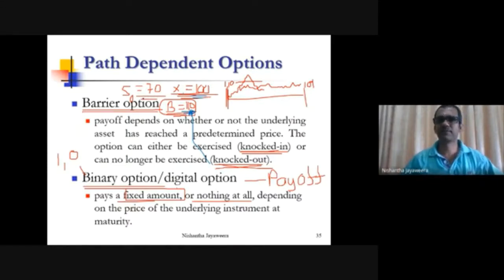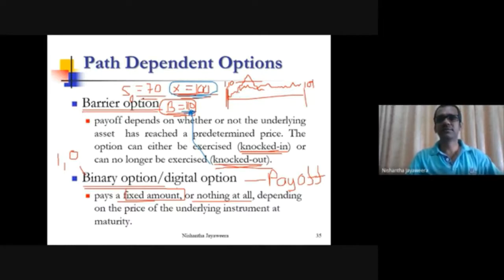if the spot price is higher than 100, this strike, the option buyer can exercise the right. That's the normal plain vanilla option. But in a barrier option, what would happen with a knockout rule?